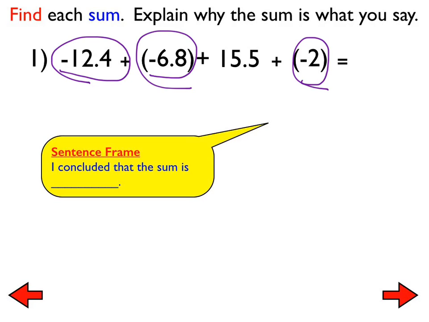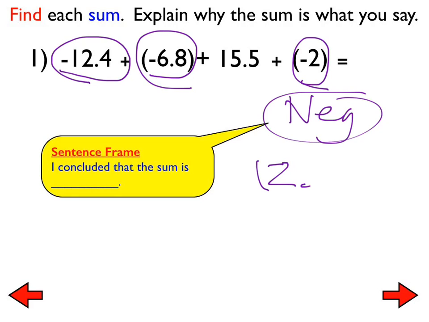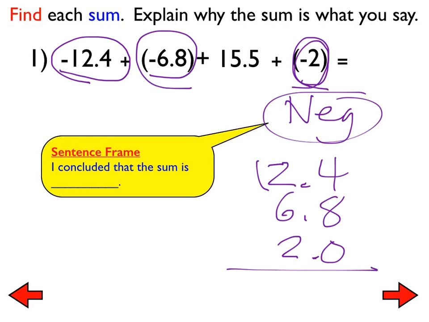So we have our negative numbers. We have 12.4 and 6.8, and then this negative 2, we of course should turn it into a decimal like we normally do when we add or subtract decimals.